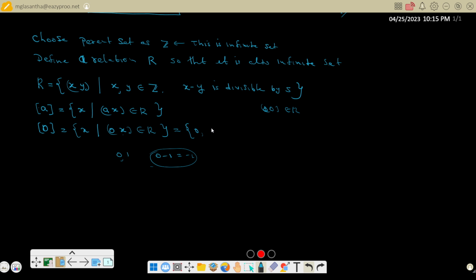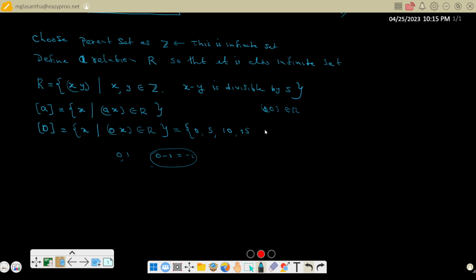Then 5 you can take, 10 you can take, 15 you can take. Negative values also, like that.